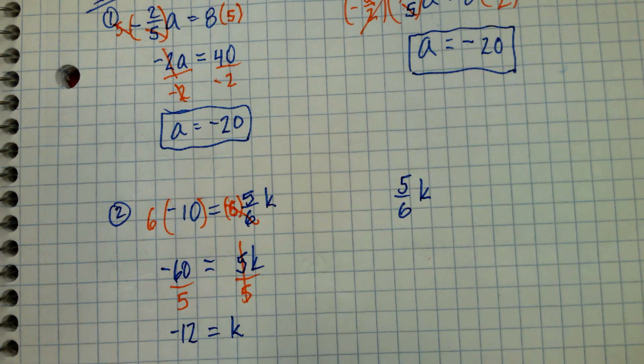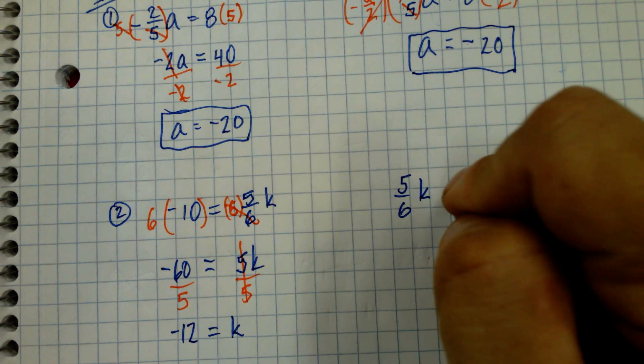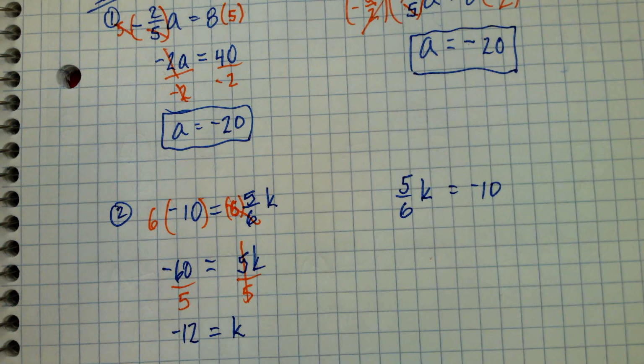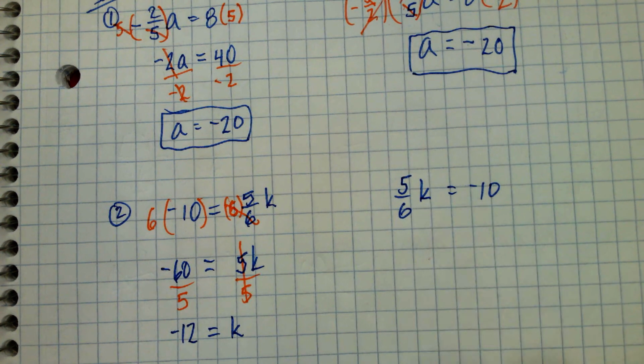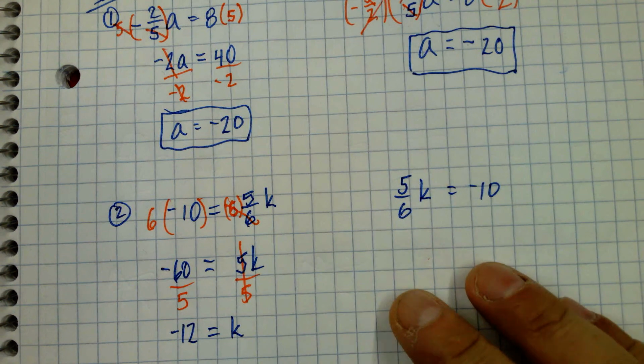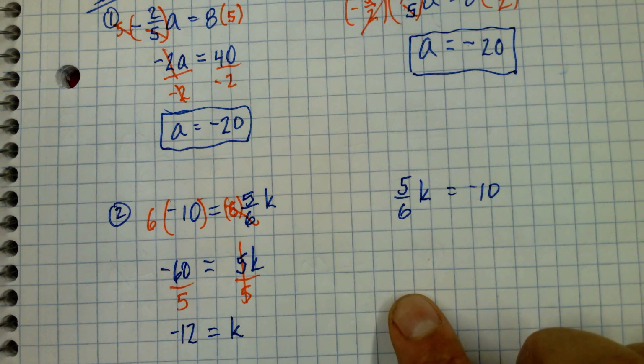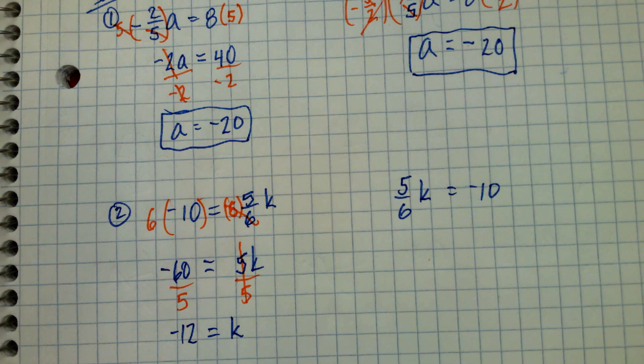I'm just going to turn this around. 5/6 k equals -10. When we start solving inequalities, it's going to be more to our advantage to have our variable on the left. I just want you to get into that habit. You're always allowed to turn this around like that, okay?